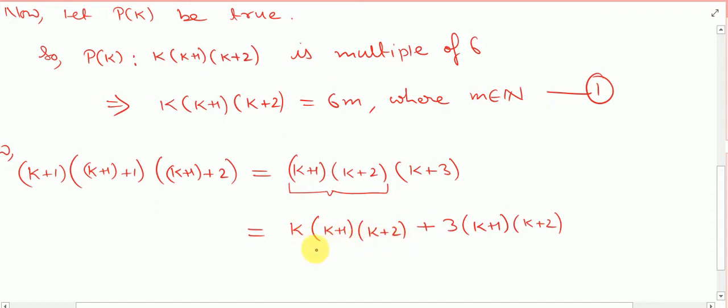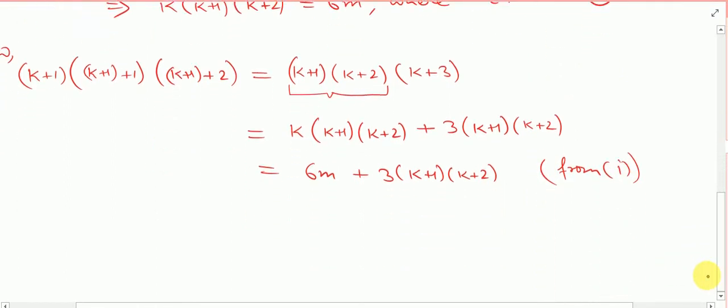So you know that from equation 1 this is equal to 6m. Yes, so you can write 6m plus 3 times this, and you can write from 1. Okay, so you can see that altogether you have got two terms, one is 6m and one is this 3 times k plus 1 into k plus 2. Now if you could show that this term is also multiple of 6, then your work is done.